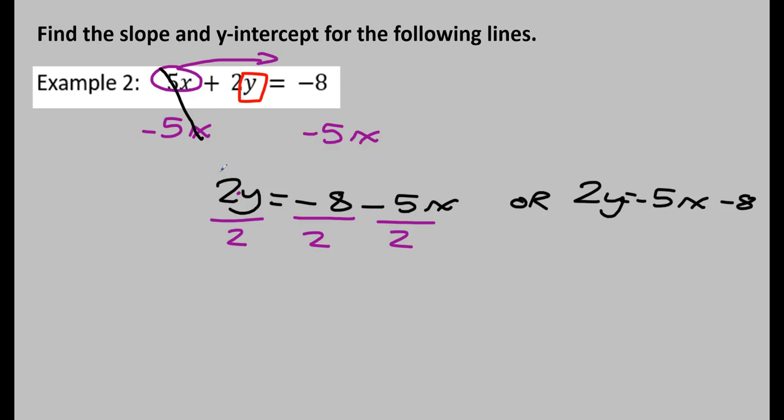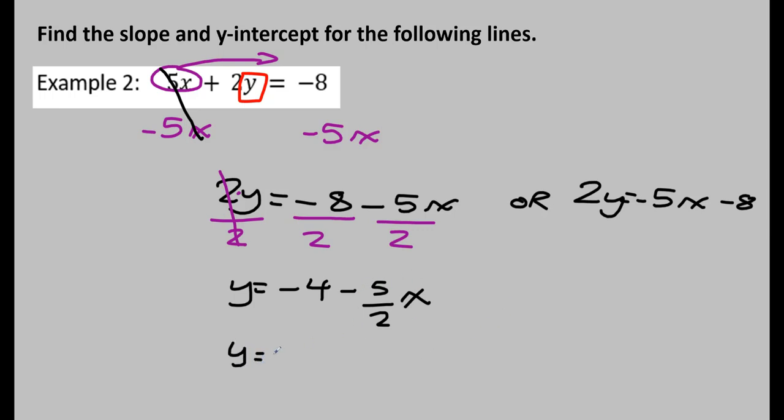So 2 divided by 2 cancel out to 1y, or just y. Negative 8 divided by 2 is negative 4. And negative 5 divided by 2 is a decimal. But because I like seeing things in fractions for slope, because it shows the rise over run very clearly, I'm going to leave it as negative 5 over 2.